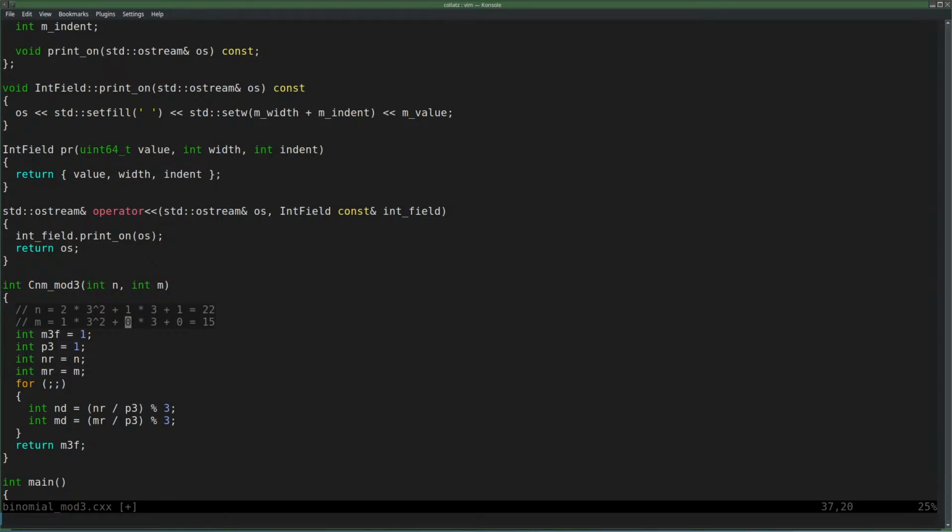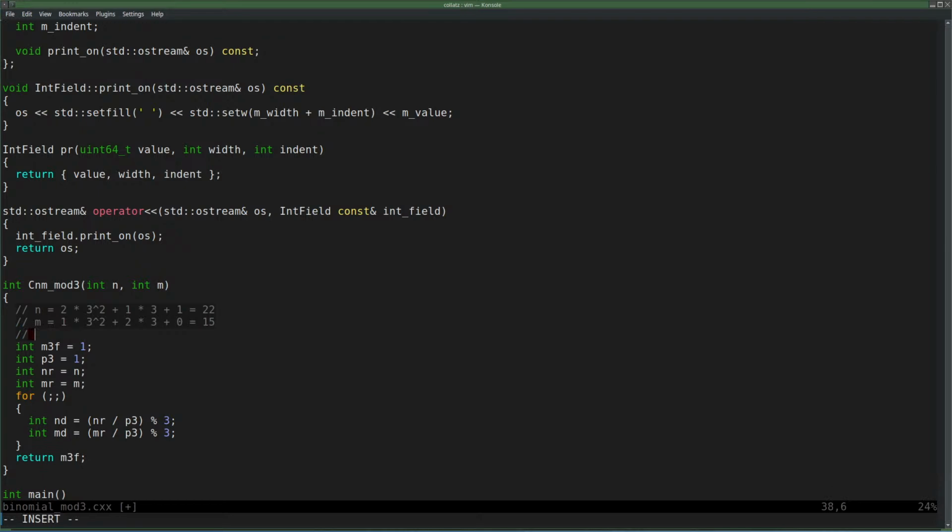What is 15 modulo 3? Sorry, what is 15 in base 3? It's 2 and 1. Well, why not? I just swap the 2 and the 0. So 9 plus 6 is 15. Yeah. Well, let's use this one.